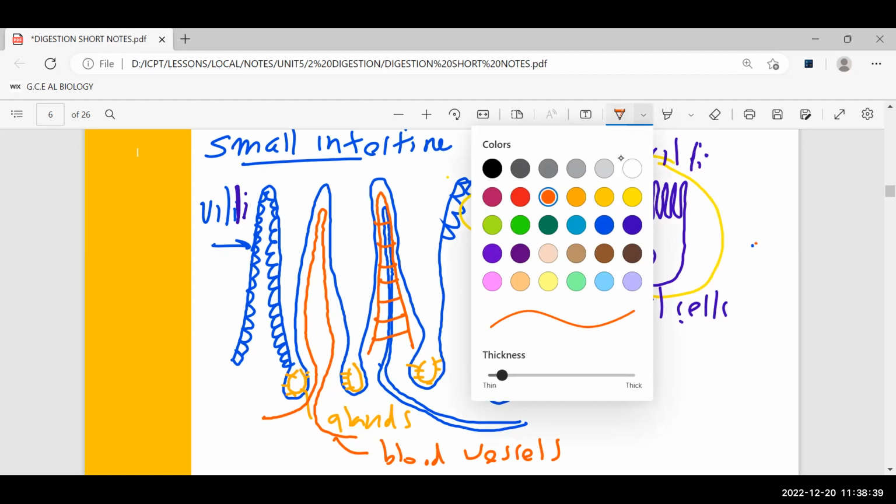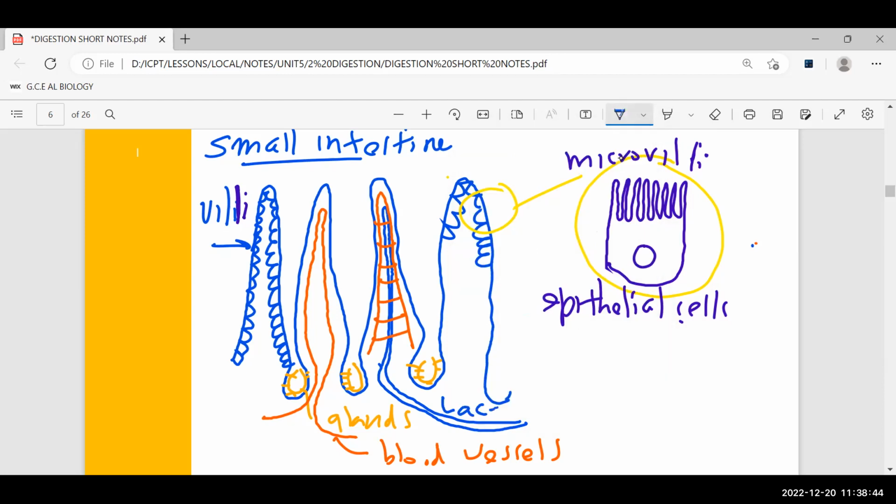And the blue one in the middle is called lacteal. So lacteal is a part of the lymphatic system. So we have a blood circulatory system, and there are parallel tubes running to make the lymphatic system. Lymph fluid is drained through this lymphatic system.